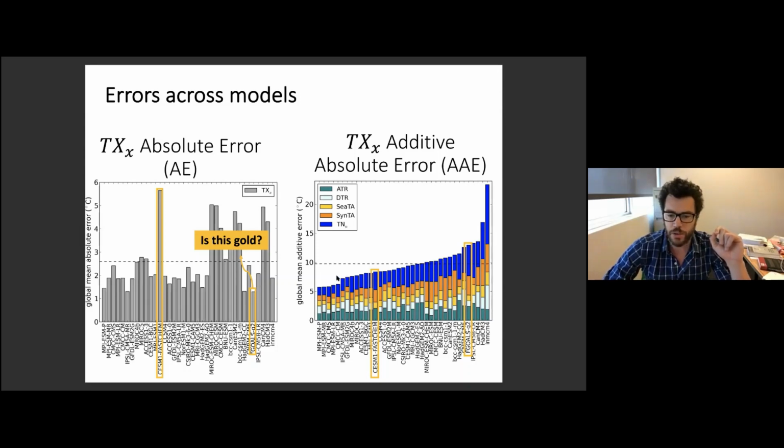You can see here too that additive absolute errors are always higher than absolute errors. That's the way the metric is constructed. And you can also see that we can obtain similar values of the full error, so the sum, by having errors that are somewhat different for individual components. I'm not going to go much into the details.